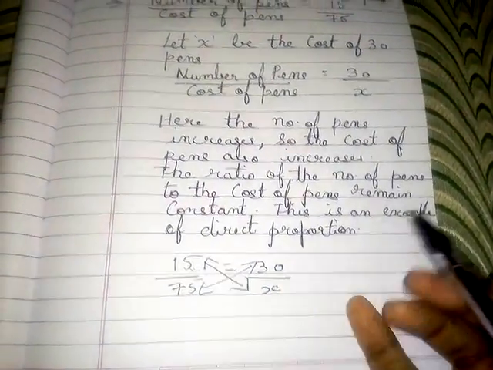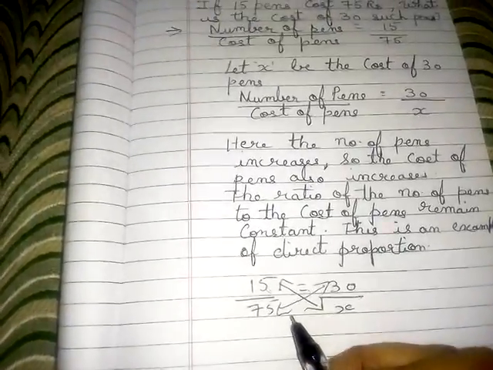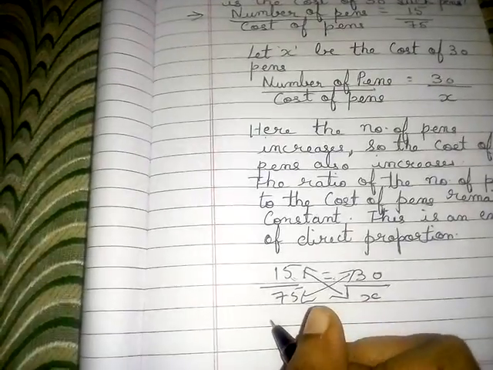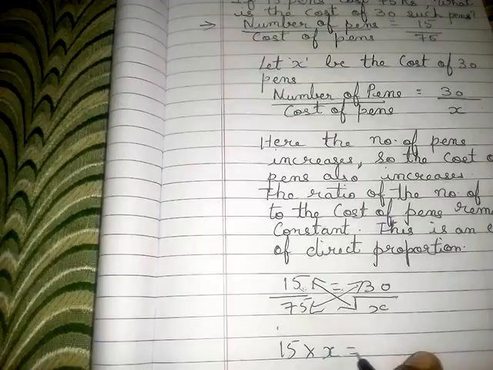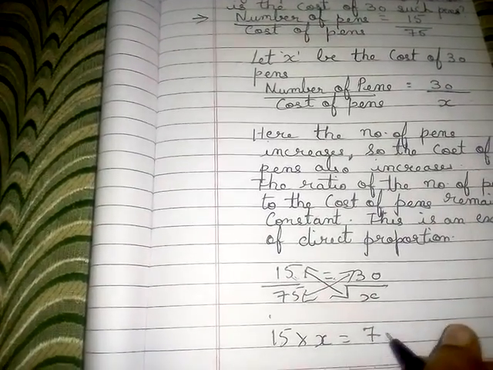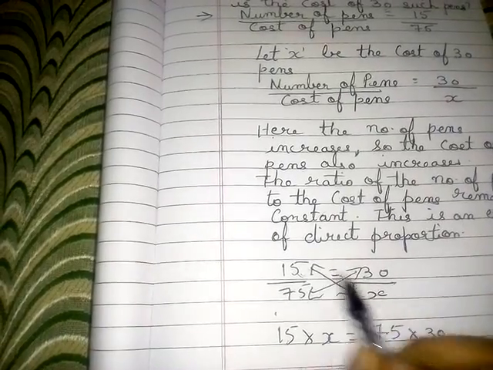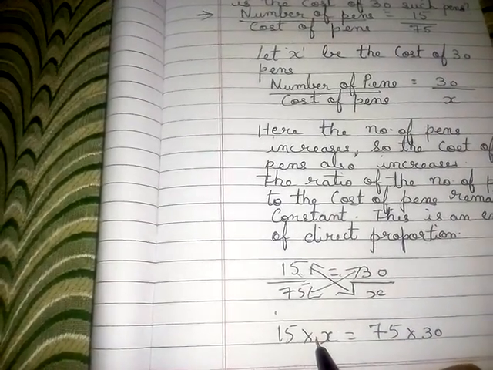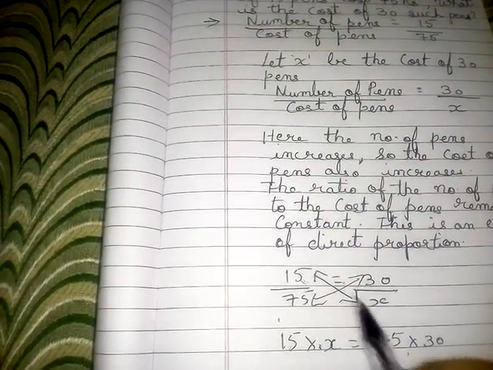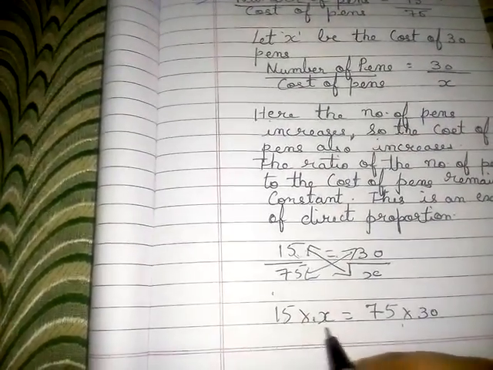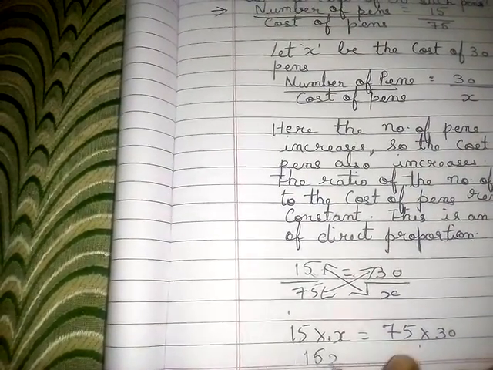And then you have to solve. So now let's start solving. 15 into x is equal to 75 into 30. In cross multiplication form you have to write 15 into x, 15x, is equal to 75 multiplied by 30.